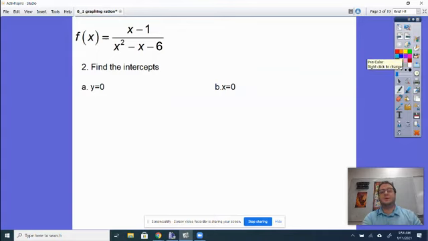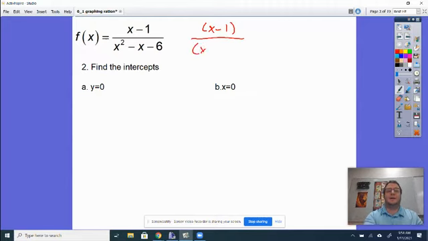Okay, intercepts are pretty simple. So for intercepts, factoring this out, I get x minus 3, x plus 2. For x-intercepts, I'm going to set y equal to 0. And for y-intercepts, I'm going to set x equal to 0. Now the y-intercepts are super quick. All I'm going to do is set x equal to 0.